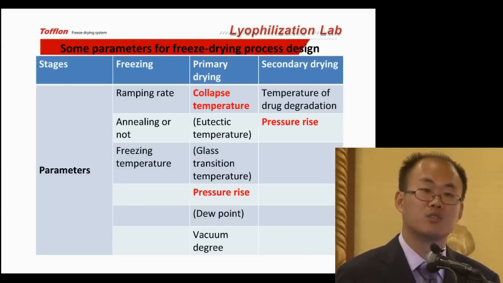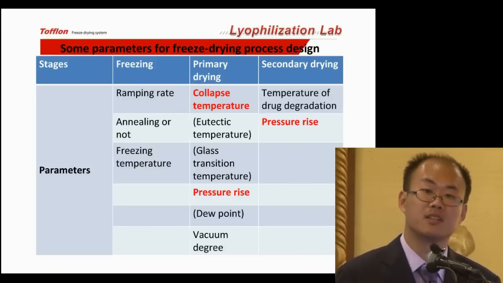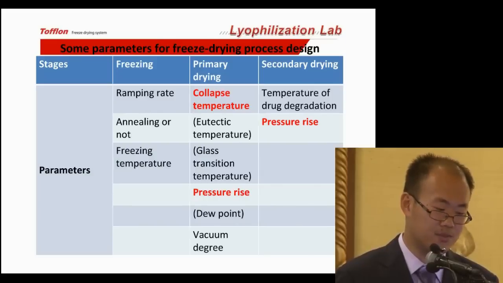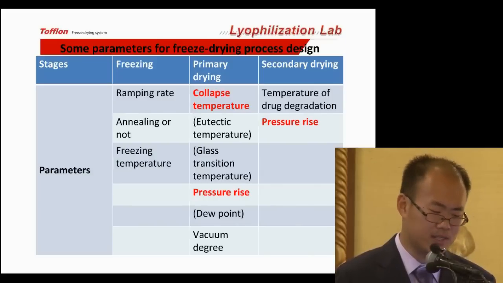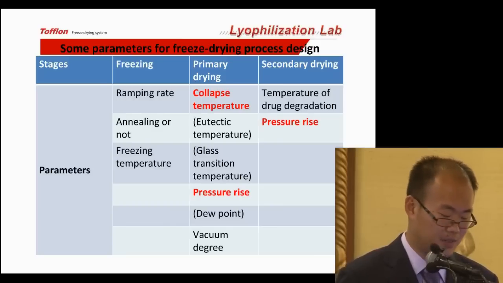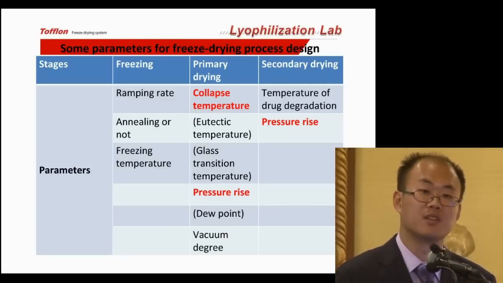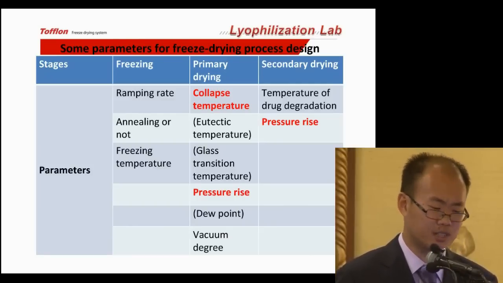It can reduce the time of the freeze drying cycle. Another is the dew point. Dew point has the same effect as the pressure rise. The last, vacuum degree, is also very important. It determines the mass and heat transfer of the product.